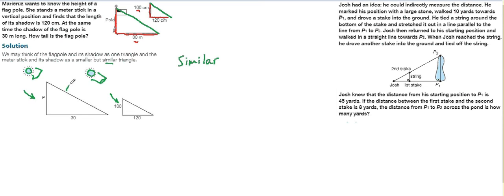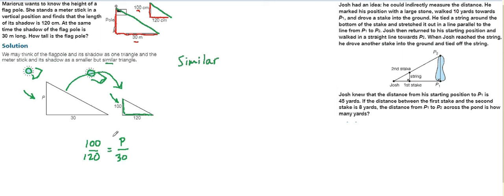So this has the same proportions as this, it's just shrunk down. Meter stick is 100 centimeters. Shadow is 120. So let's just set up a ratio. And that has the same proportion, same ratio as the flagpole to its shadow.